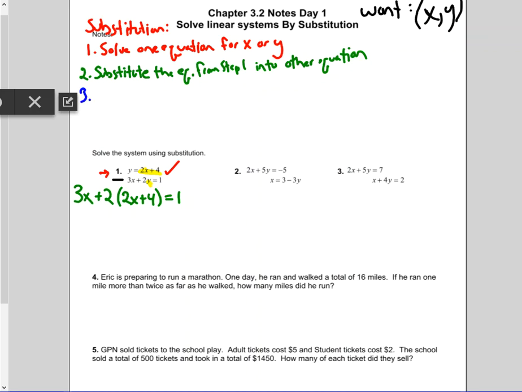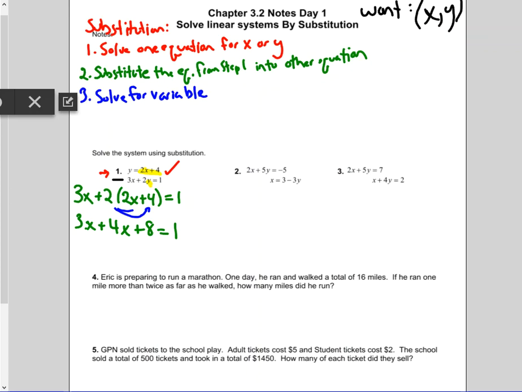Next, now we just have an equation with one variable in it. So our third step is going to be to solve for that one other variable that is left. I'll do it for you here. To solve this, I would distribute the 2, and we would have 3x plus 4x plus 2 times 4 is 8, plus 8 is equal to 1.